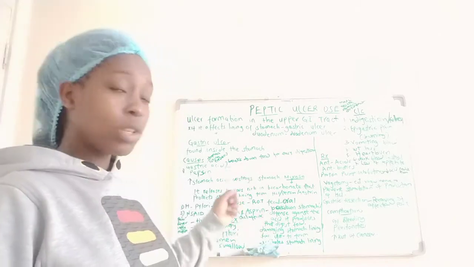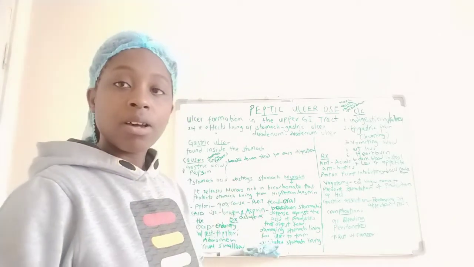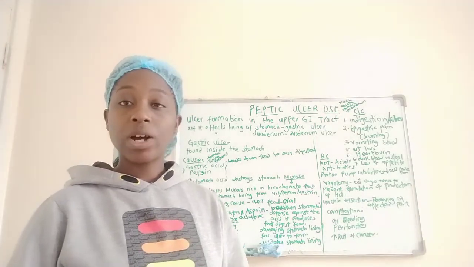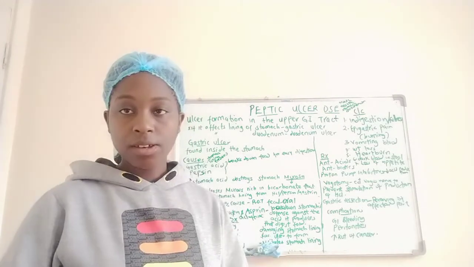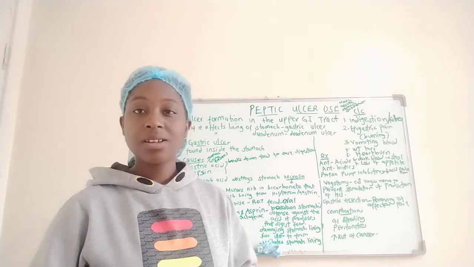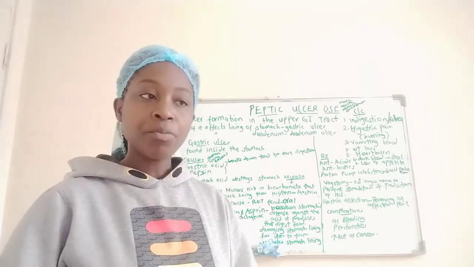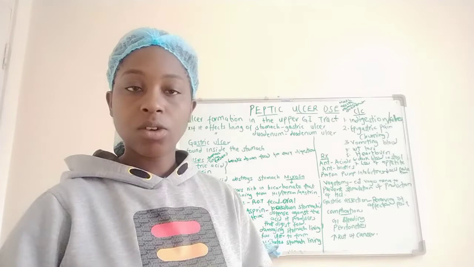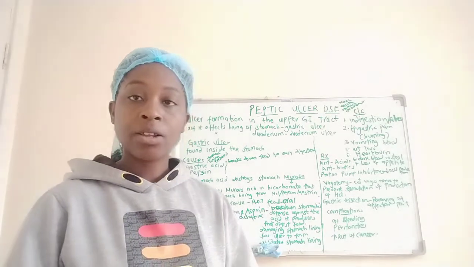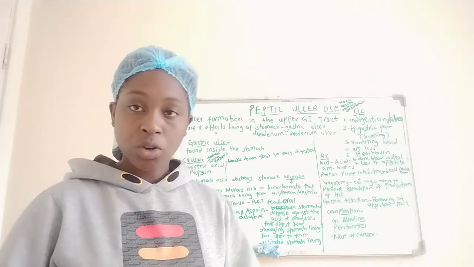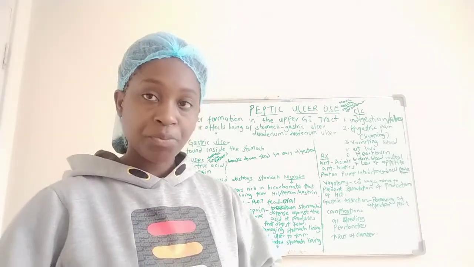What is peptic ulcer disease? It is the formation of an ulcer in the upper GI tract. The upper GI tract consists of the mouth, esophagus, the stomach, and the first part of the small intestine called the duodenum.